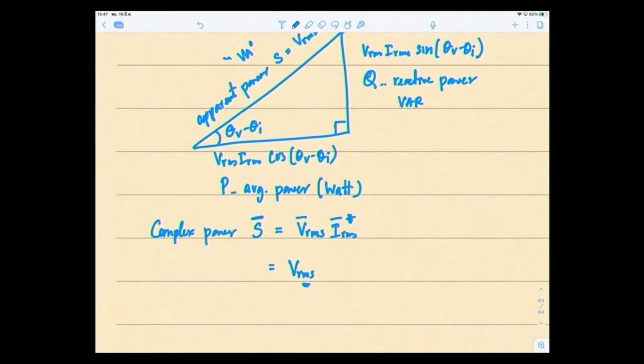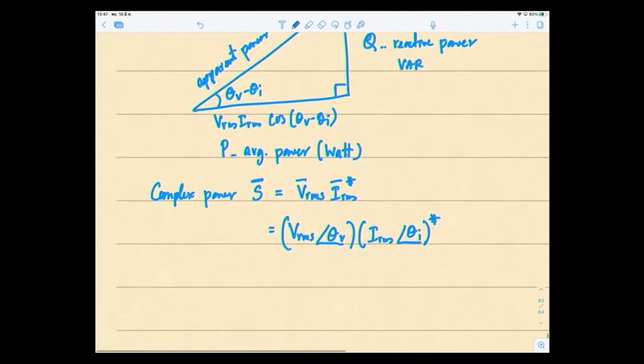So the VRMS phasor consists of the magnitude VRMS and the phase angle theta V, multiplied by IRMS with angle theta I, conjugated. In other words, it becomes VRMS IRMS, with angle theta V minus theta I, since the conjugate of theta I becomes minus theta I. So this is your complex power, and the unit is VA.